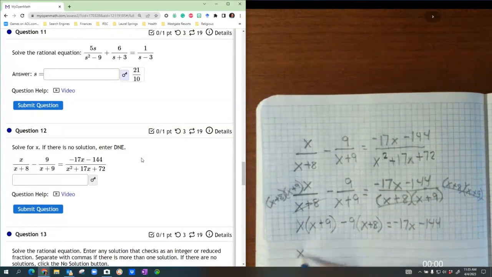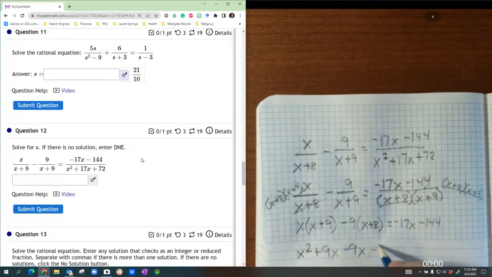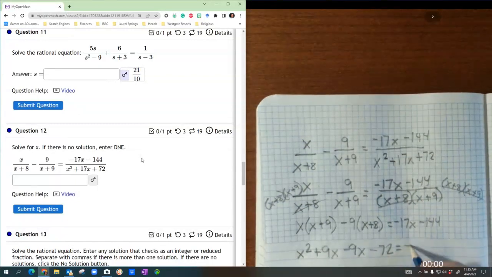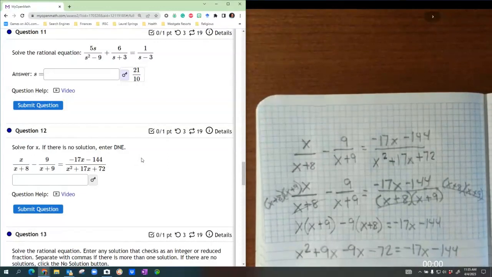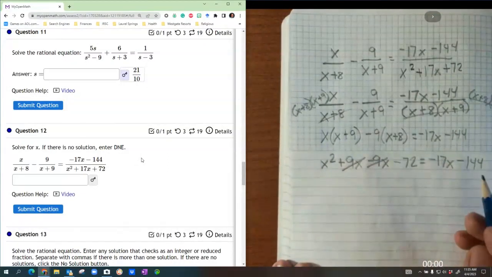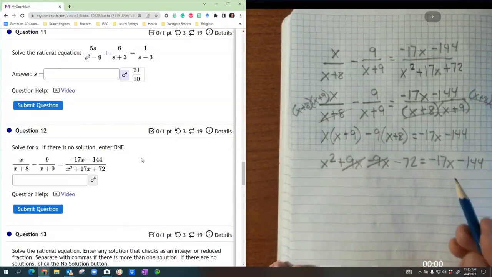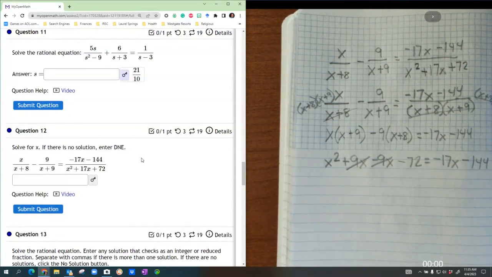Now we're going to have x squared plus 9x minus 9x minus 72 equals negative 17x minus 44. These two wipe each other out. And then I'm going to bring over the negative 44 to the negative 72.